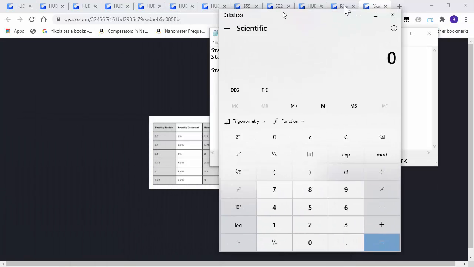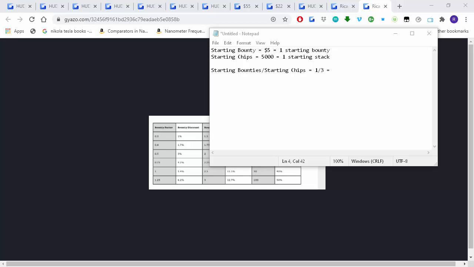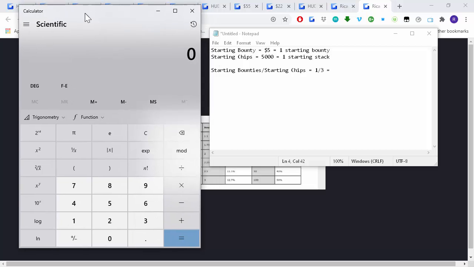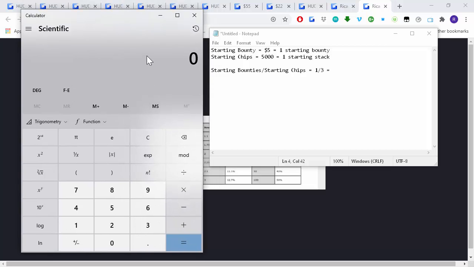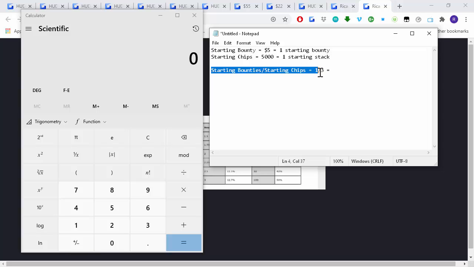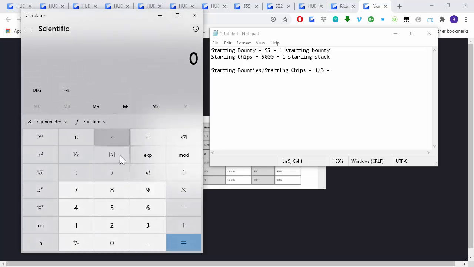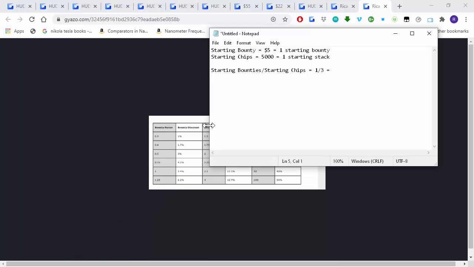If you were to go all in, people think that your bounty's worth a lot, but it all depends on your starting stack as well. It's not worth going after someone who's tripled up with 1/3 of the same amount of bounties, it's common sense, of course. But yeah, just 1 divided by 3, so it's about 0.3 bounty factor.